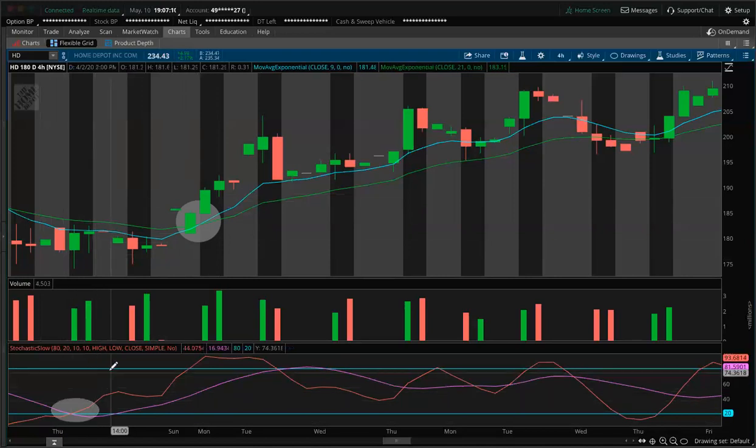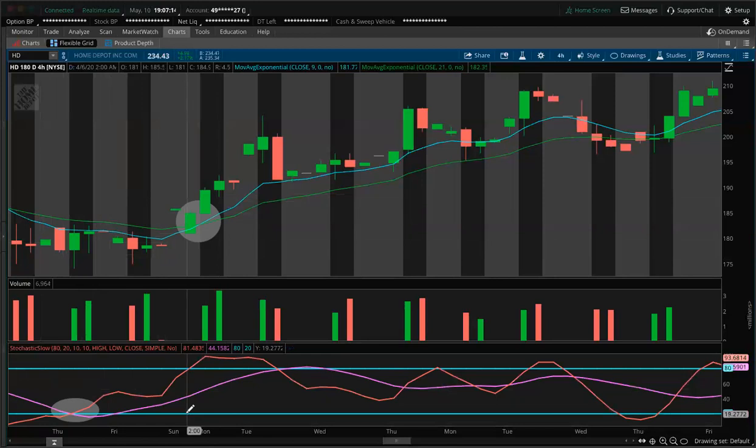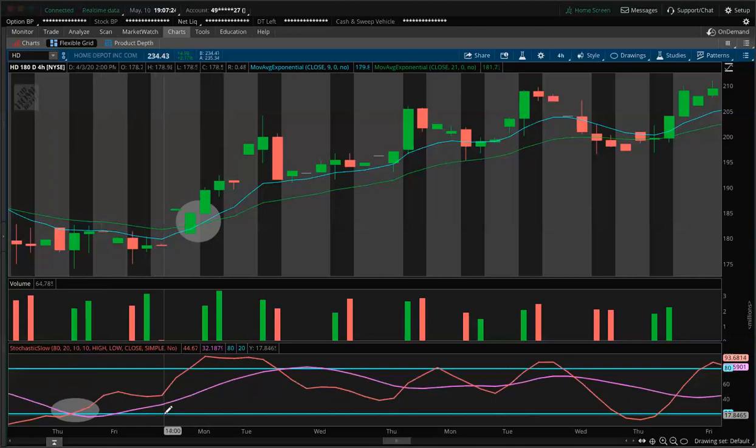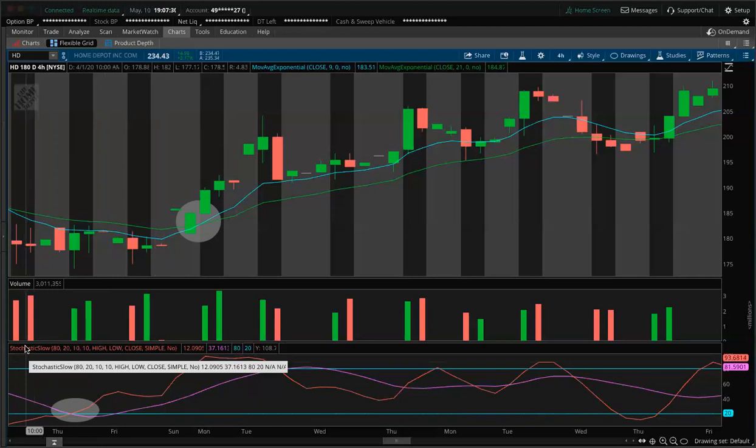You have this top blue line, the 80, and the bottom blue line, which is 20. A lot of people think that just because it goes above 80 it means it's overbought, or below 20 it's oversold. But they fail to realize that stochastics was made to showcase momentum, not overbought or oversold levels.